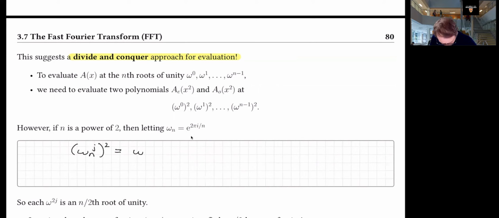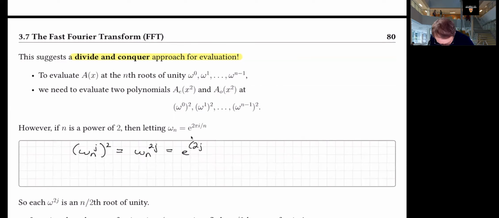That's going to be omega n to the 2j. Plug in the definition of omega n. It's going to be e to the power of 2j multiplying 2 pi i over n, which equals e to the j 2 pi i over, and then let me group.